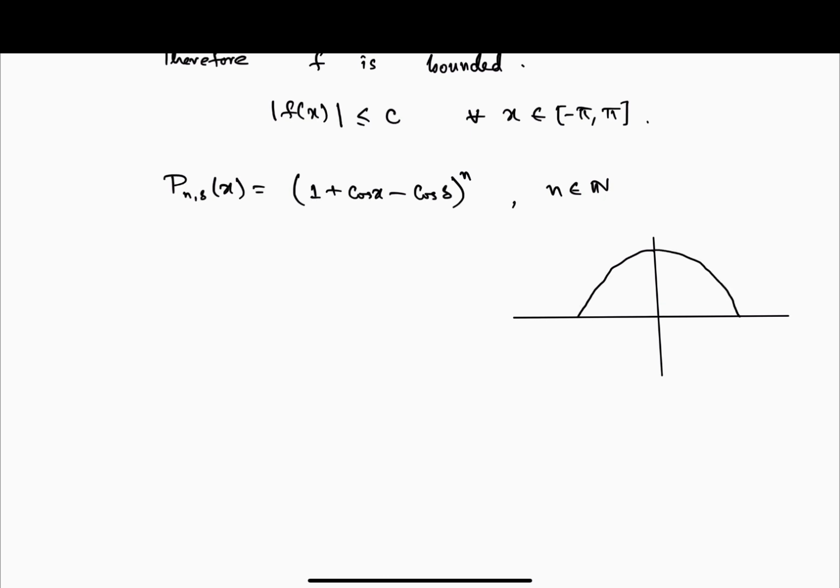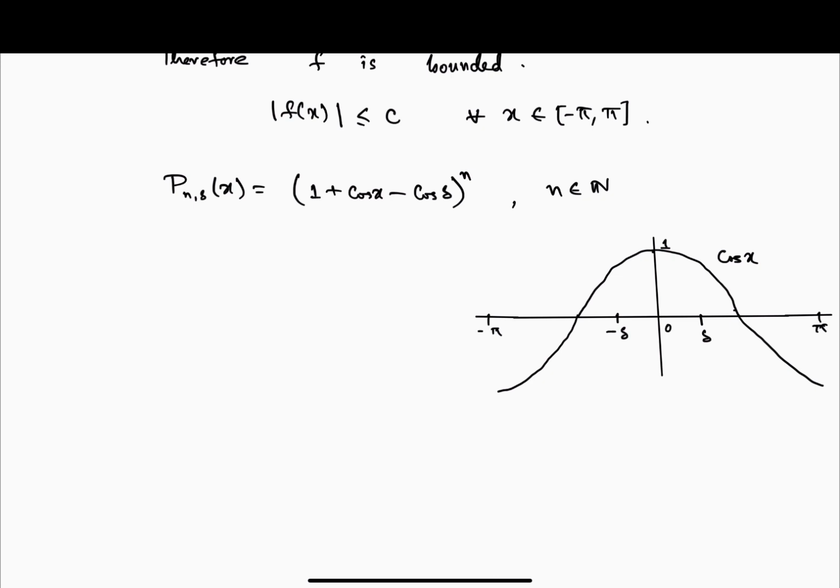So this is a graph of cos in minus pi to pi. Let's say this is minus pi, this is pi, this is 0. Let's say this is delta, this is minus delta. So this is cos; at the 0 point this is 1.